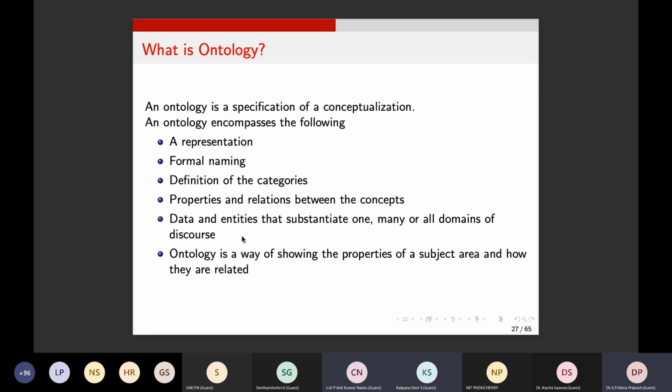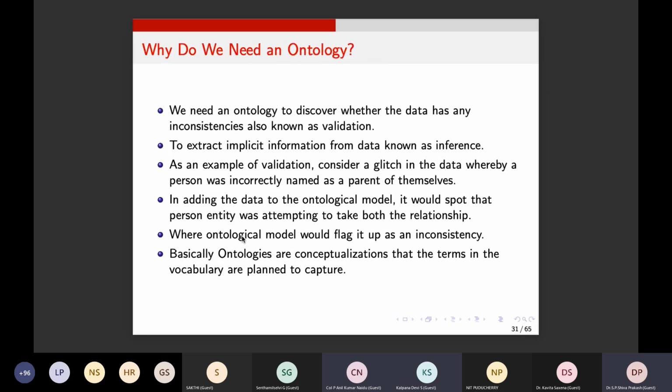So if you look into this, why do we need an ontology? Okay, we need an ontology to discover whether the data has any inconsistencies, which is also known as validation. Now, in an SIoT or an IIoT, the data are generated, and we have to know how this data can be utilized.